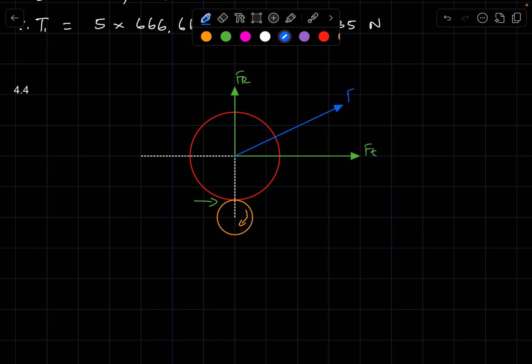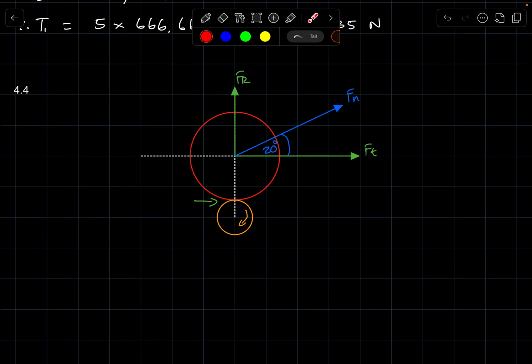So this here is the normal force. Remember, initially it is acting at 20 degrees relative to the Cartesian plane of the gear system.